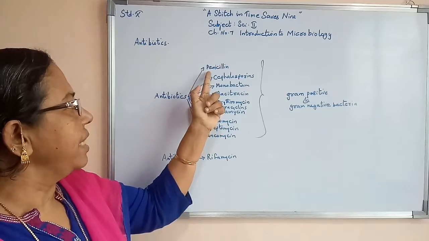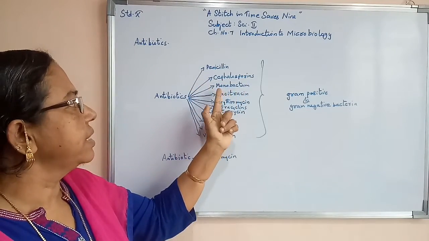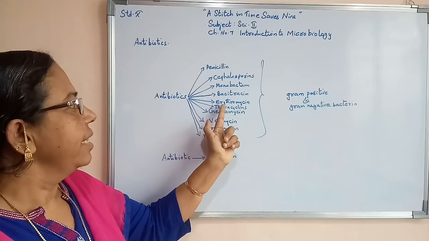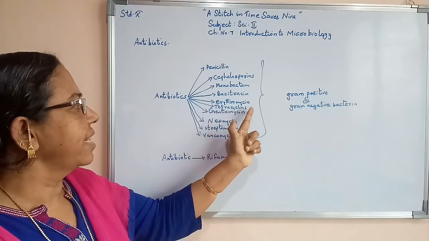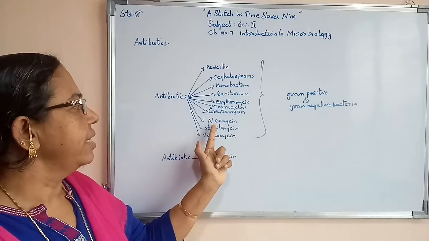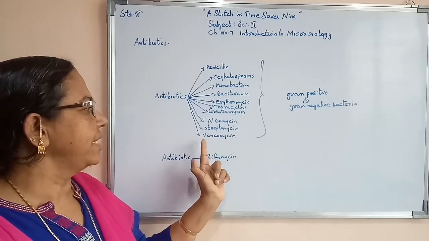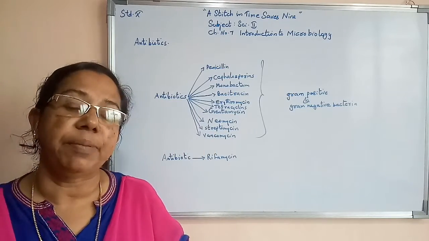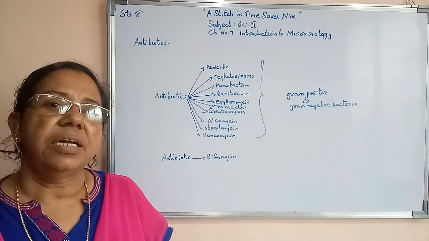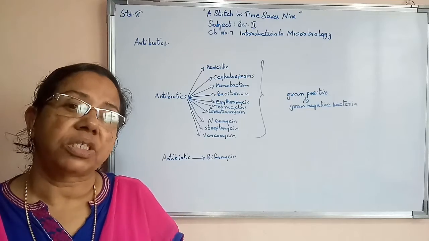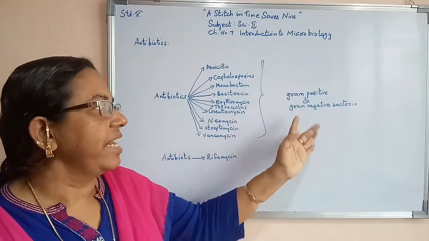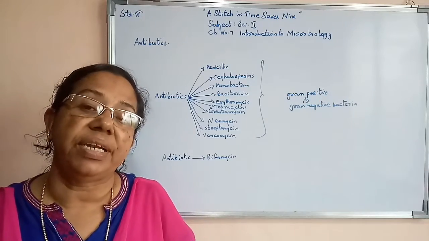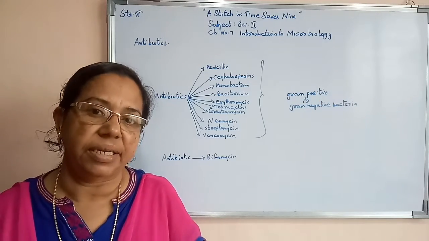Now here are penicillin, cephalosporins, monobactam, bacitracin, erythromycin, tetracyclines, gentamicin, neomycin, streptomycin, vancomycin. These are the different types of antibiotics which help destroy different strains of gram positive as well as gram negative bacteria.